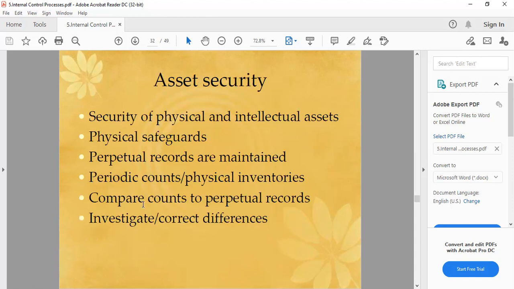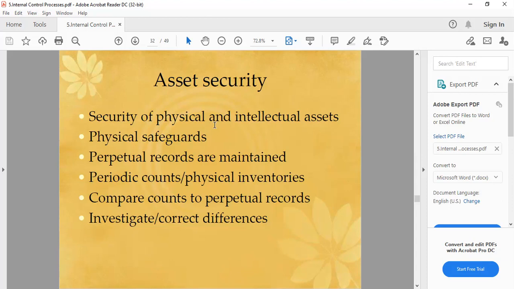Then asset security in terms of safeguarding of assets. So there should be both physical and logical controls over our assets. If we say physical, clearly that's a tangible way of securing certain assets. Like if we're talking about computers, there's the door. That's the basic example of physical control.